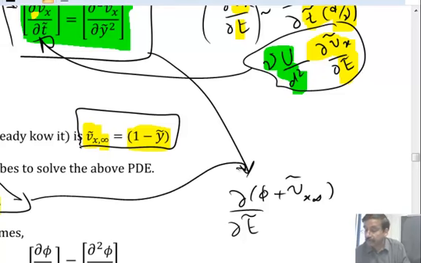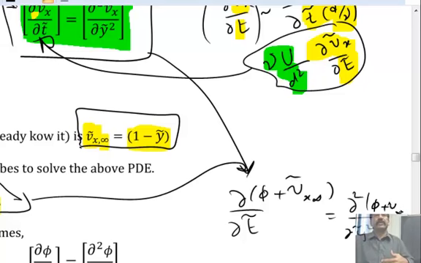So replace that Vx with phi and Vx infinity, and on the right hand side that is equal to d square dy tilde square multiplied by phi plus Vx infinity.